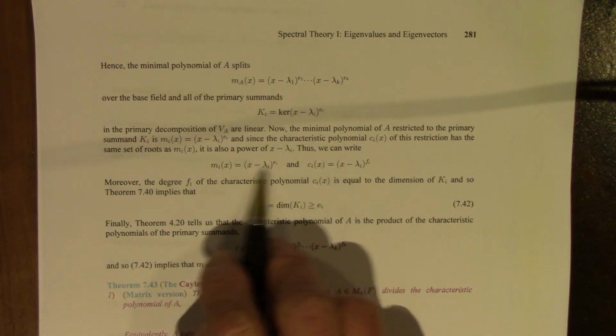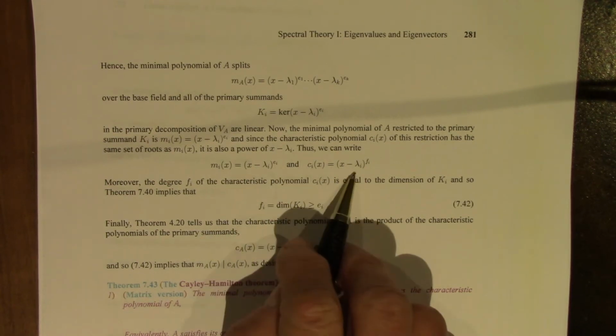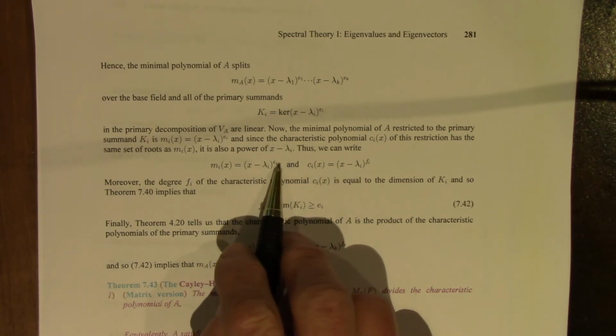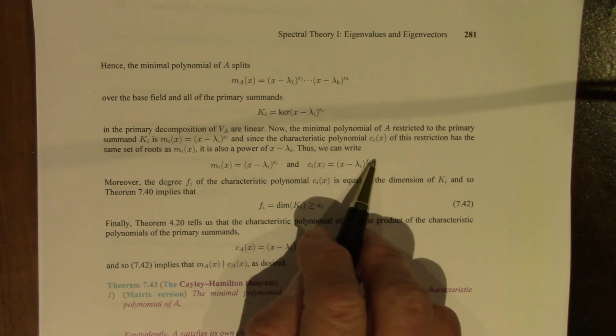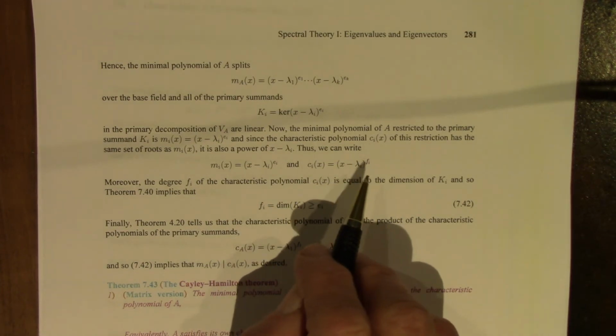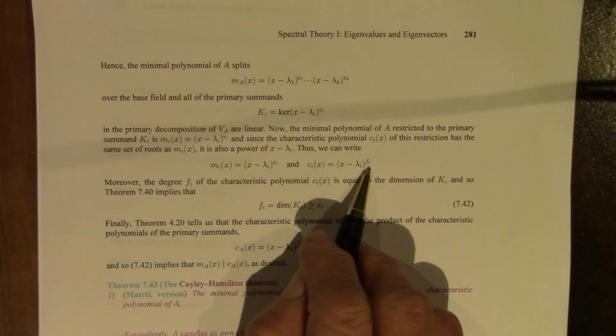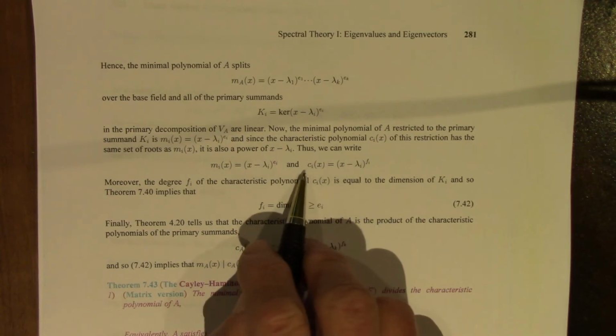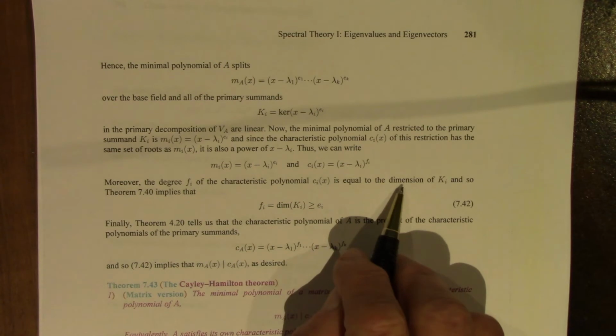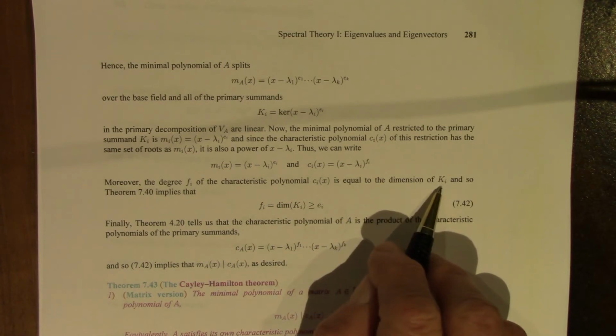Both of these have the same base, x minus lambda i, but possibly different powers. The degree f sub i of the characteristic polynomial is equal to the dimension of K sub i as a vector space.